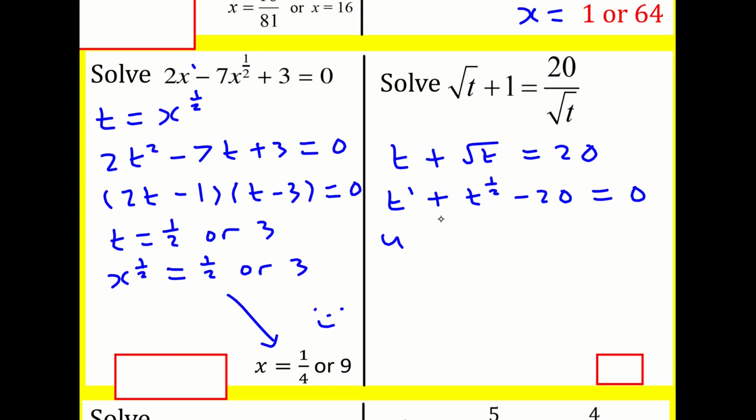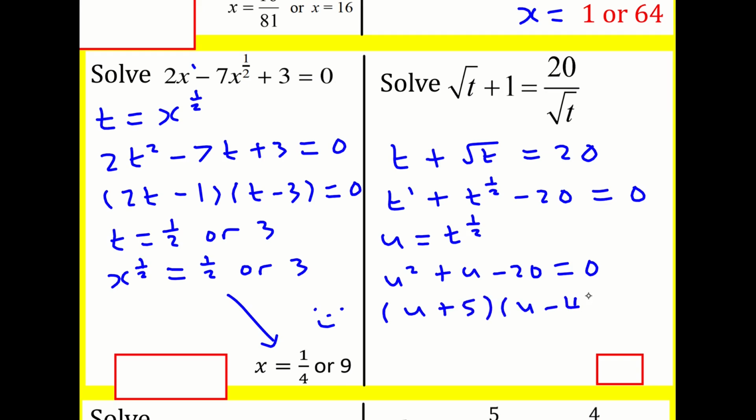I probably wouldn't use x, but you could. Let u equal t to the half, because then I'm going to get u squared plus u minus 20 equals 0. So it's going to be u plus 5 and u minus 4 equals 0.